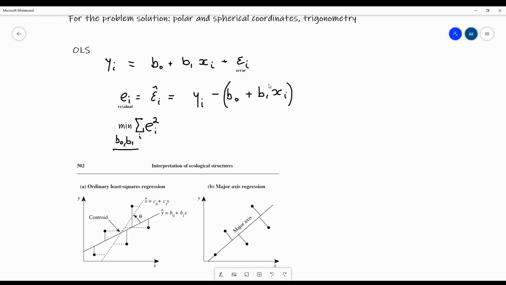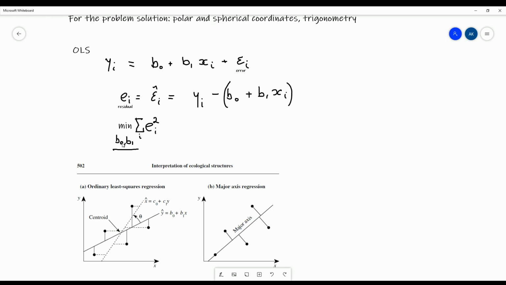The quantity on the right side here in the parentheses is the predicted value, as we know. So the difference between predicted and observed would be a residual, which is an estimate of an error. The residual we can measure. The error we cannot. We can only see the dependent variable where the error is baked inside. But we don't know what it is because we don't know the parameters.